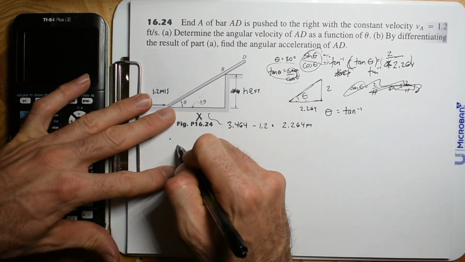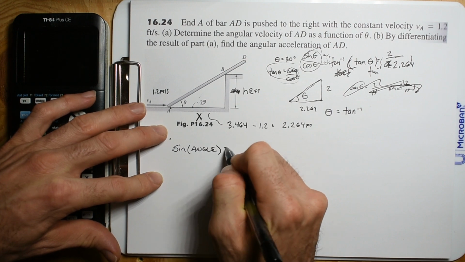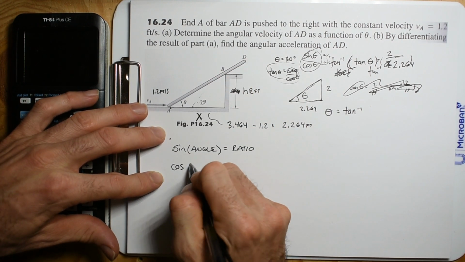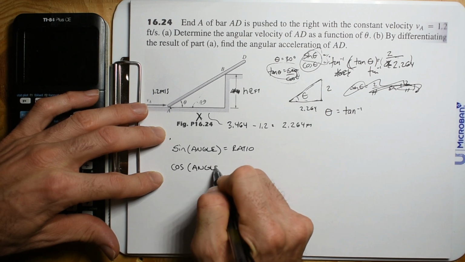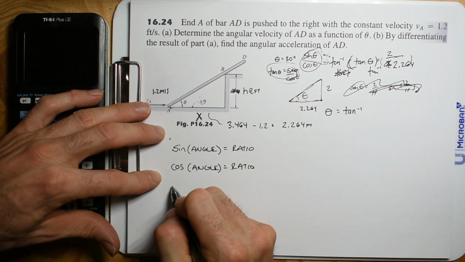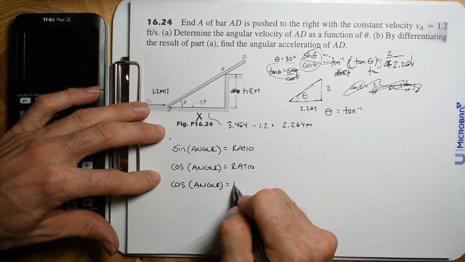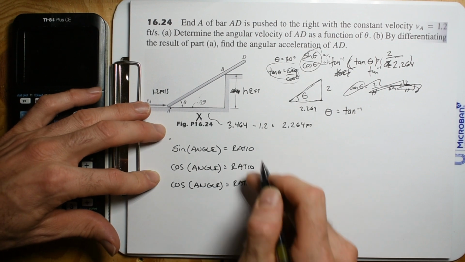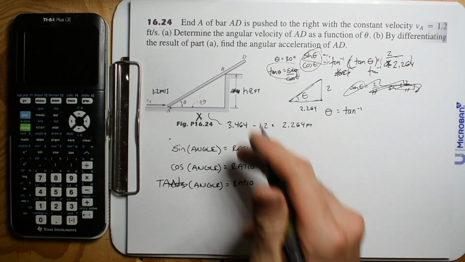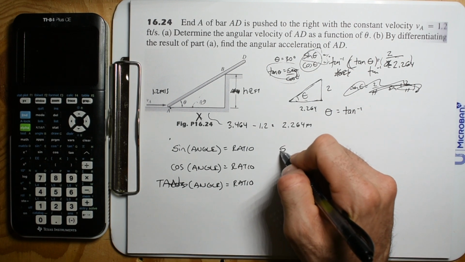So we're going to say sine of the angle is the ratio, opposite over hypotenuse. Cosine of the angle is the ratio, adjacent over hypotenuse. Writing it like this really hammers home what these are. And tangent of the angle. And then we're going to write inverse sine.